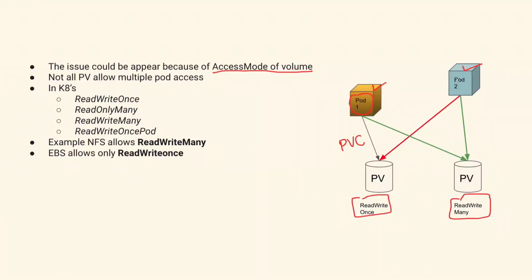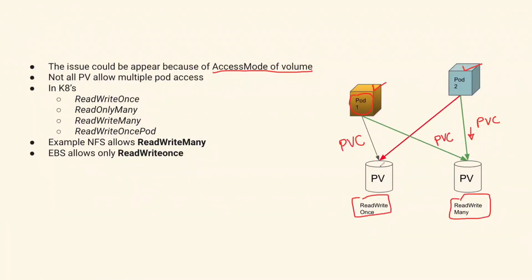If you observe carefully, this green line, that is the PVC around this one, is successful because the volume here has read-write many as its default permission, and the volume also supports read-write many.